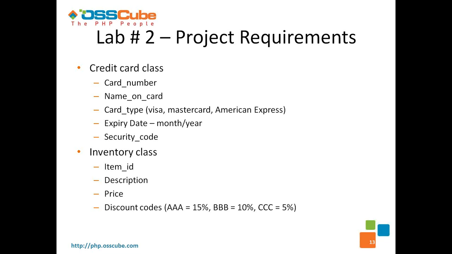So you can do either the credit card class or the inventory class, and these are the property items that we want them to have. So security code, if you're using credit card, I want to have it as digits only. So you can do a set control on that.